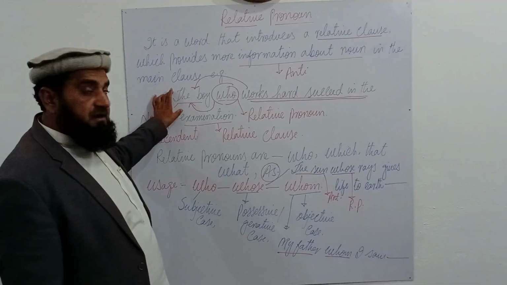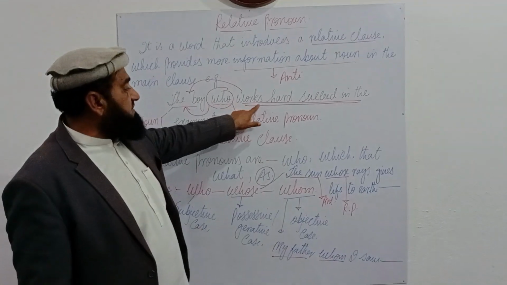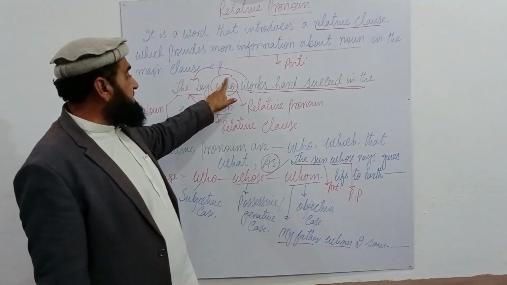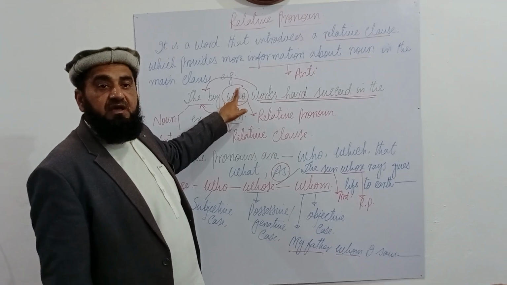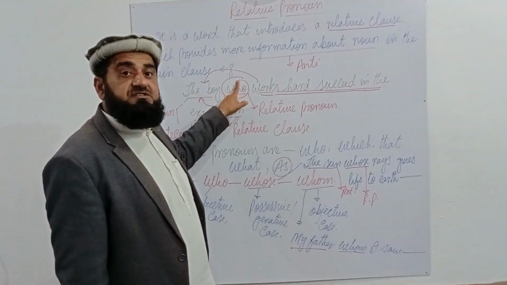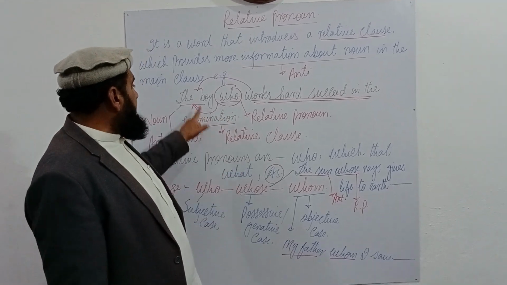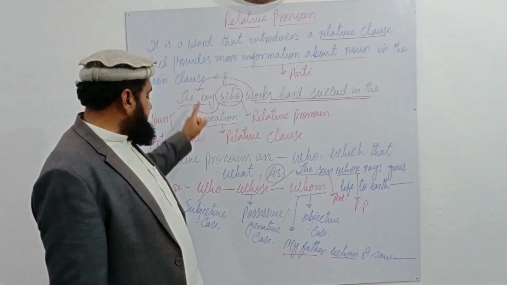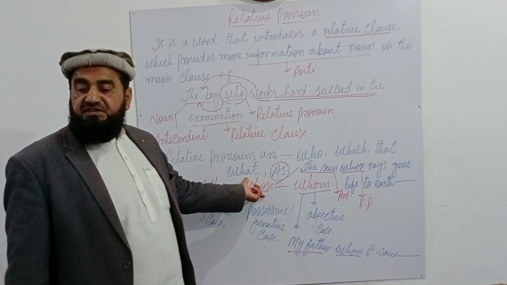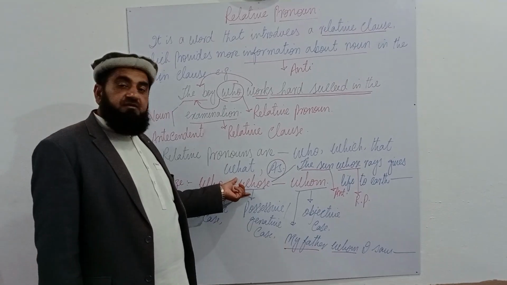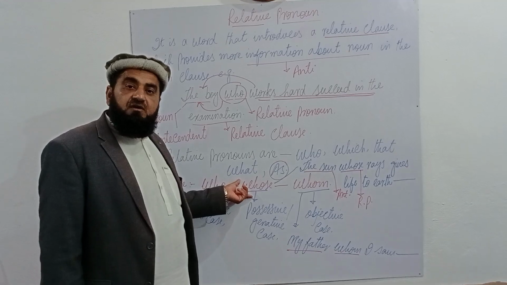The example above: the boy who works hard. The boy is living, and who is used in the subjective form. So who is the relative pronoun and the boy is the antecedent. Whose is the genitive or possessive case of who.